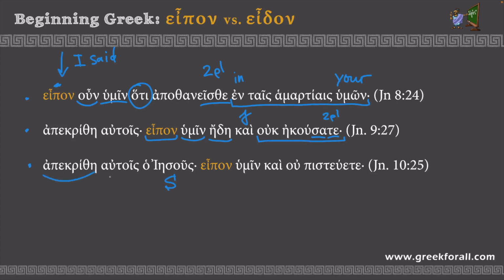Jesus answered them. Eipon humin, I said to you. Kai, and ou pisteuete. From pisteuo, I believe. Ou pisteuete, second person plural, present, and you do not believe. So altogether, the final phrase: Jesus answered them, I said to you, and you do not believe.